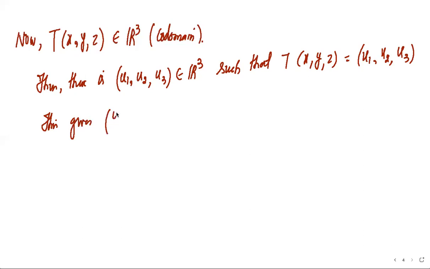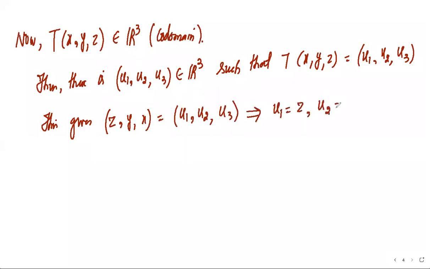It is defined as z y x, the reverse. So this is equal to u1 u2 u3, and this implies u1 is equal to z, u2 is equal to y, and u3 is equal to x.